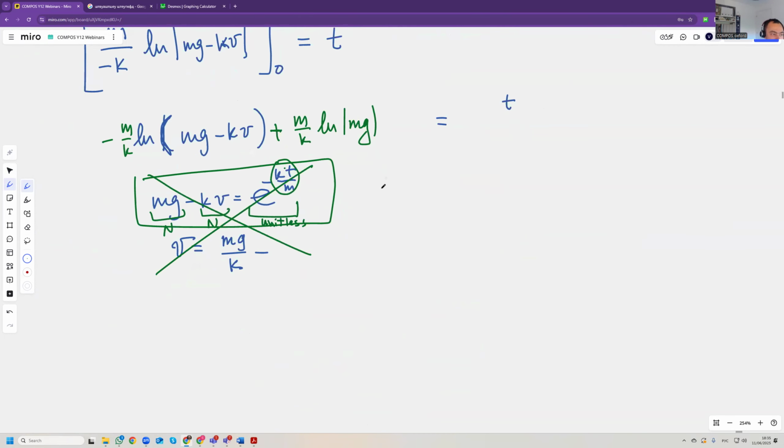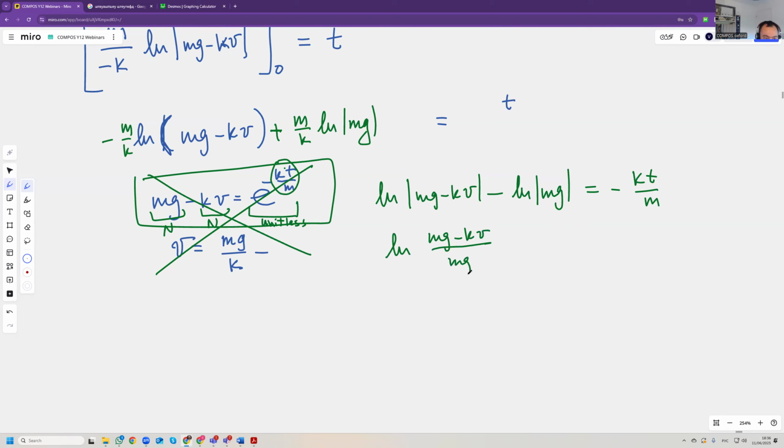Then I multiply everything by k, so I get ln(mg minus kv) minus ln mg equals minus kt over m. So ln of (mg minus kv) divided by mg is equal to minus kt over m.